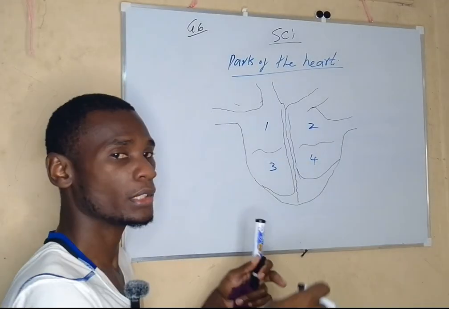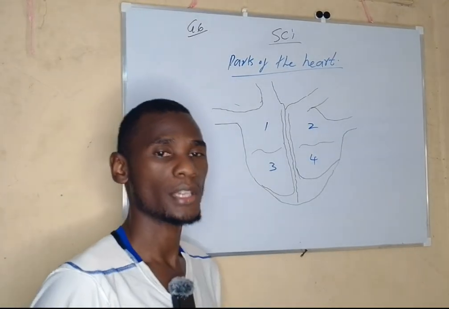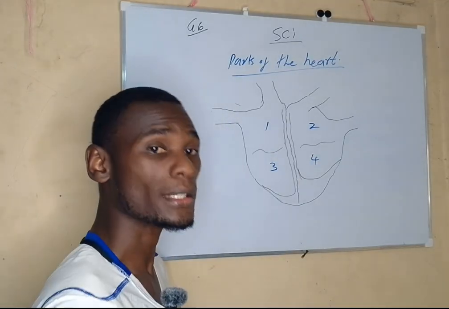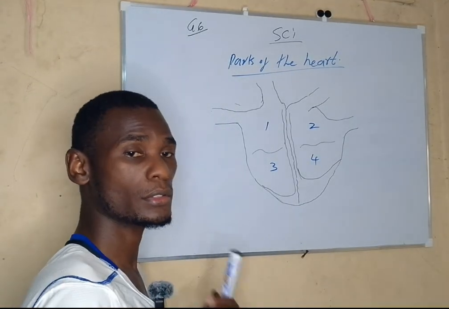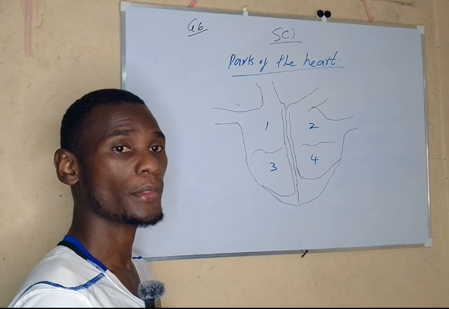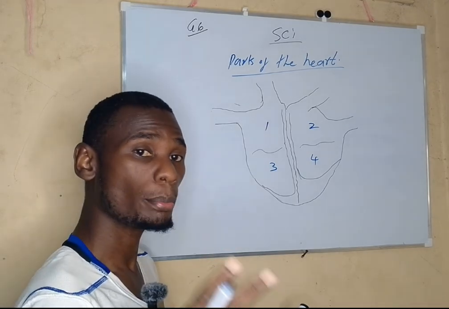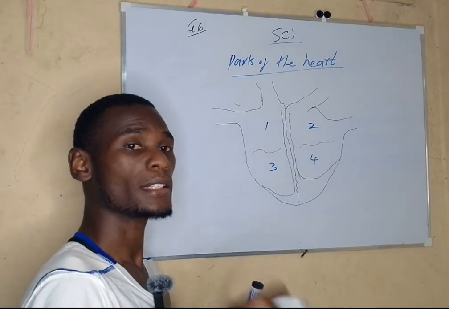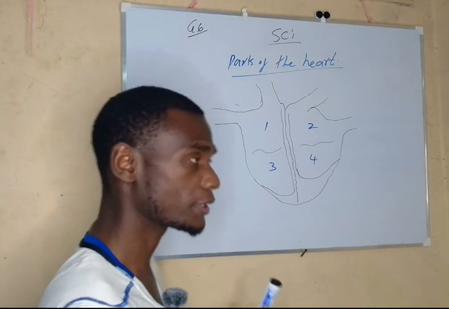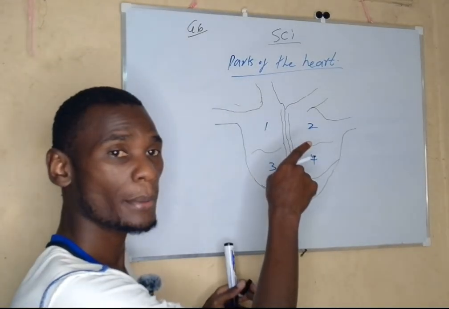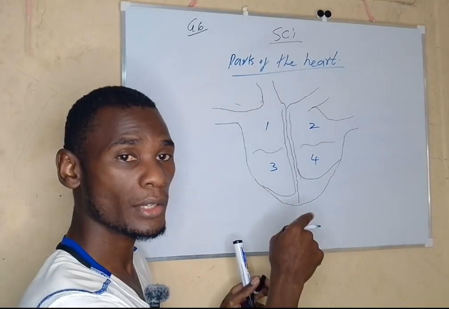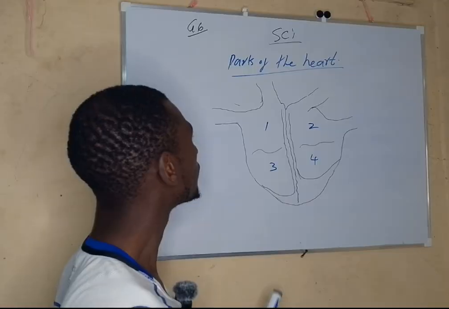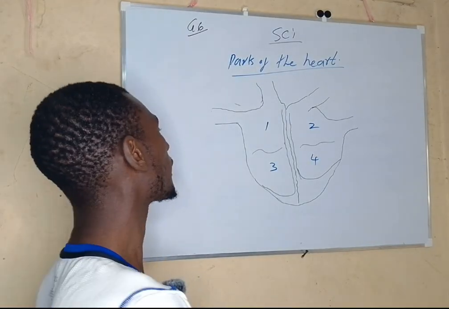In general, the heart has 4 chambers, but is divided into 2 parts, the right and the left. So those are different things. The heart is divided into 2 parts, the right and the left, but it has 4 chambers: 2 chambers at the upper part, 2 chambers at the lower part. So this is our heart, even if it is as ugly as that.